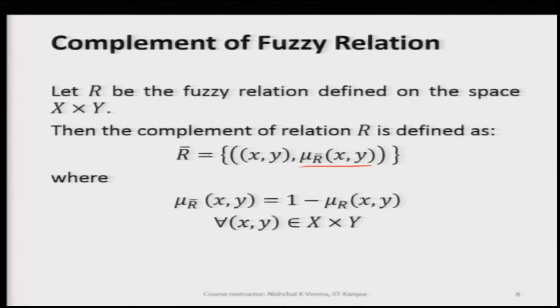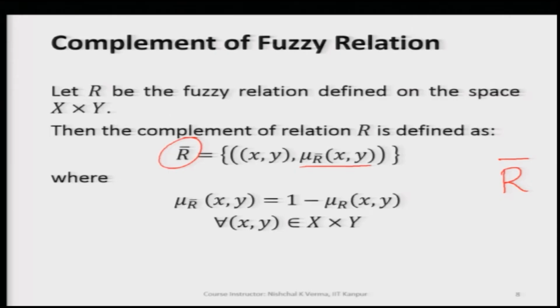This complement of relation R is represented by R bar, which is the collection of all the ordered pair elements that do not exist in the set we have taken, but exist in the Cartesian product space capital X cross capital Y, along with the membership values.